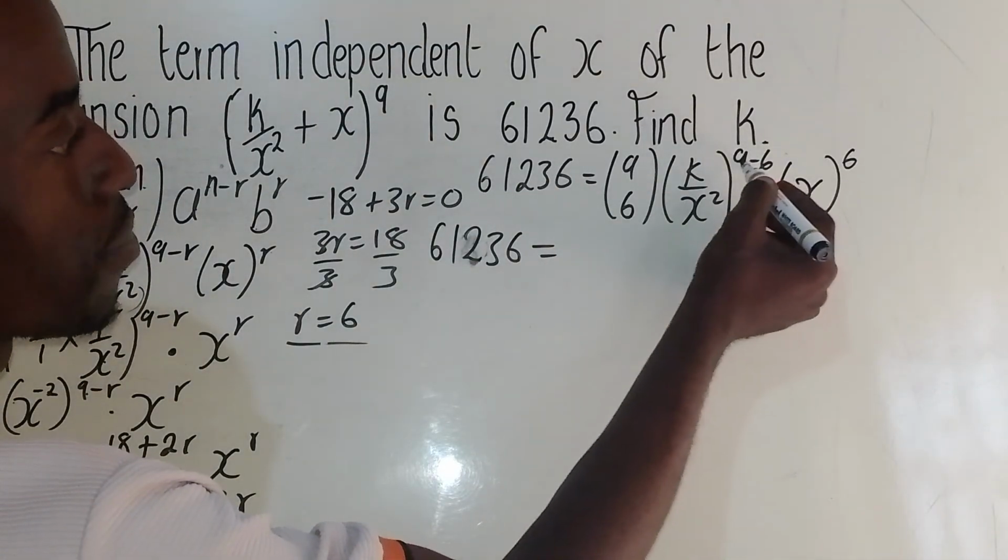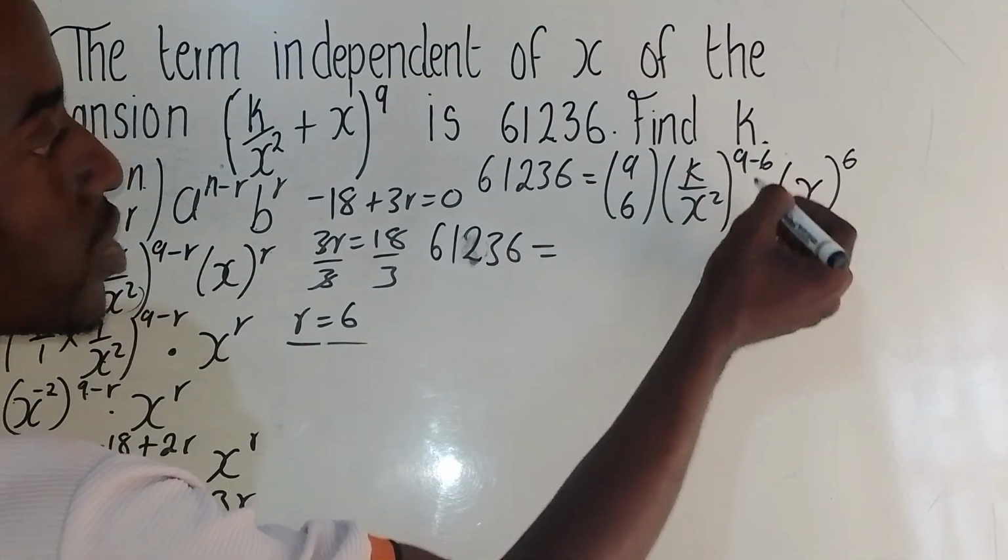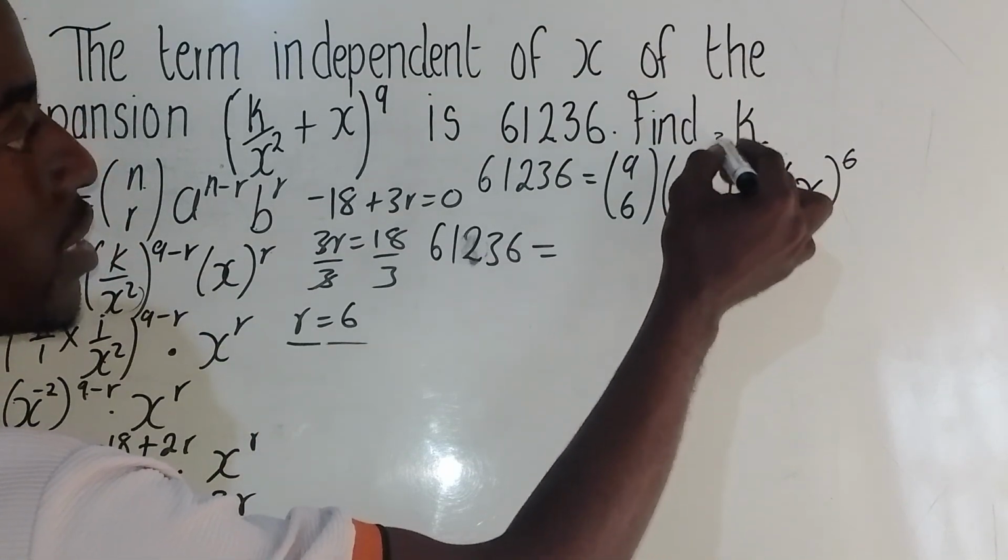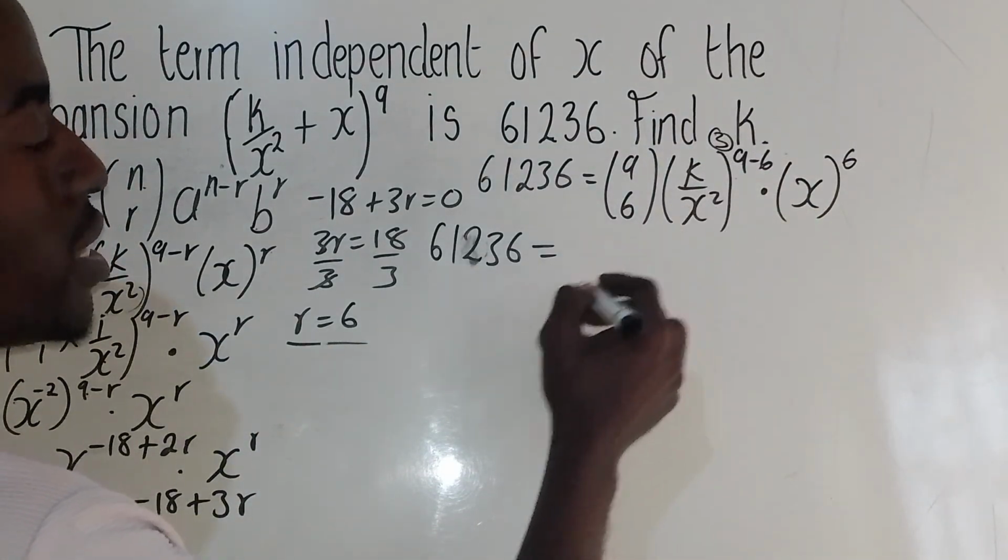As we know, 9 minus 6 is going to give 3, so there is a power 3.